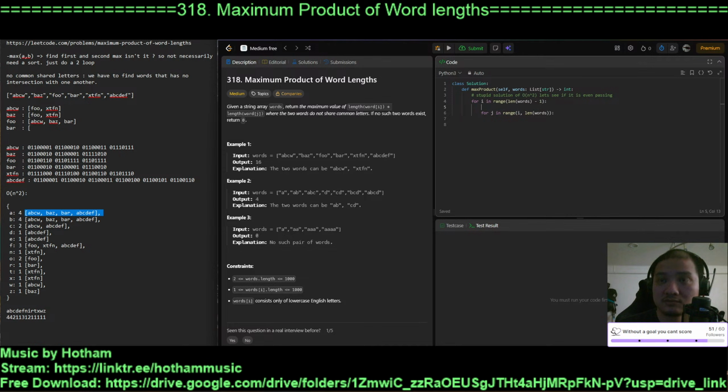Okay, so hold on. We gotta look for c in words i, right? So this word we convert to numbers, right? Ordinal c minus the ordinal of a, right? Lowercase, right? So this gives us, let's say a, right? A will be 0.